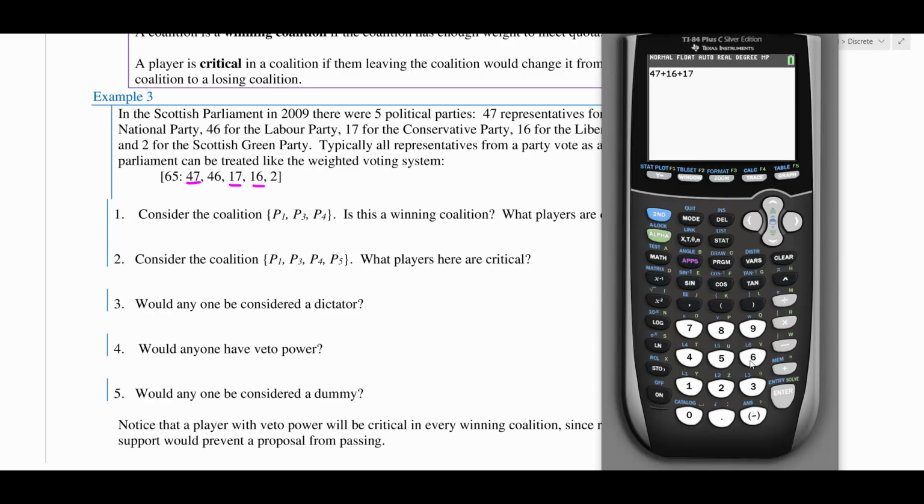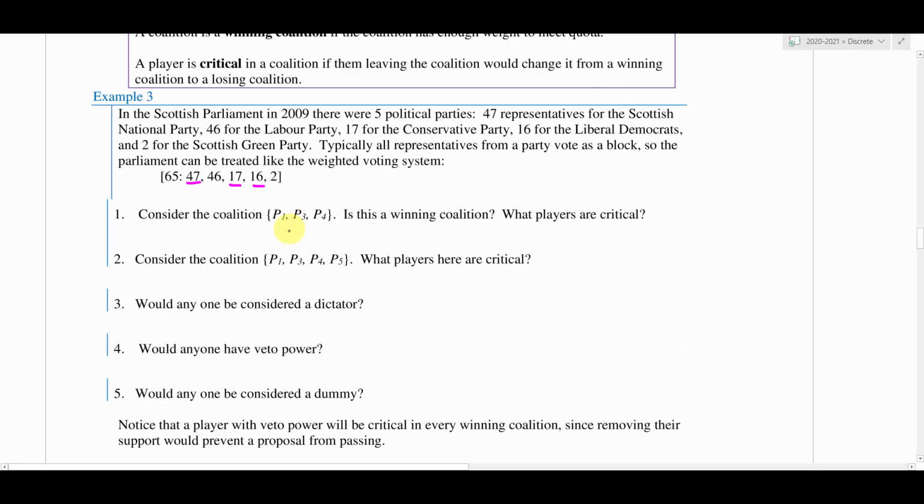I did that in the wrong order, but that's okay. So they get 80 votes, right? So this coalition together has 80 votes to try and pass a measure. So yes, this would be a winning coalition because they only need 65 votes to pass a measure.